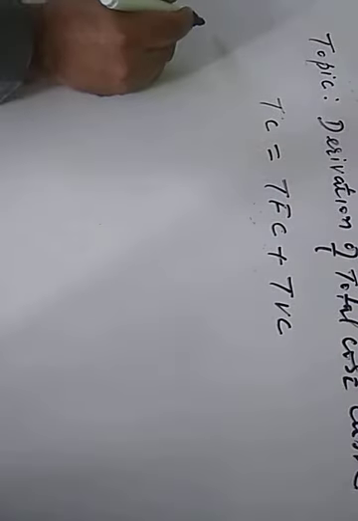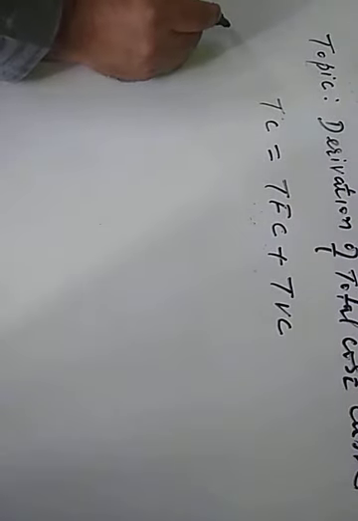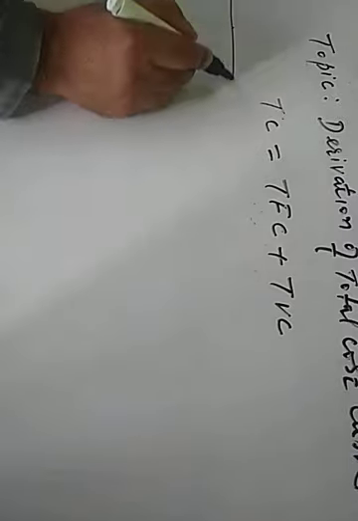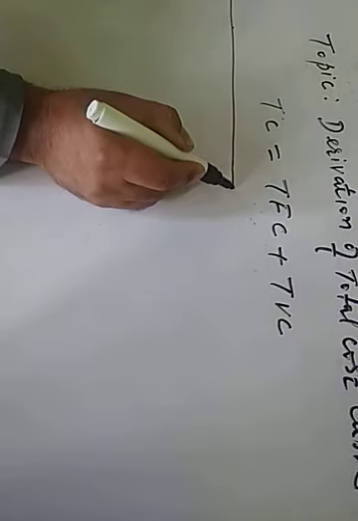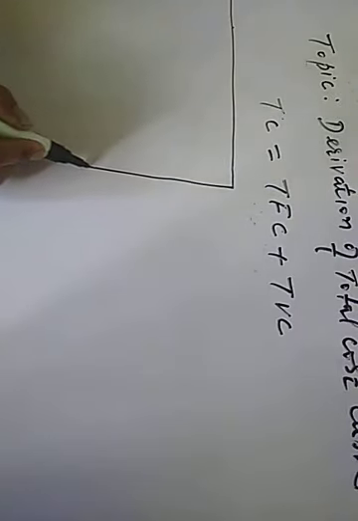Now first I will draw a table showing different units of output, different units of commodity produced, at different values of total fixed cost and total variable cost, which gives us the total cost of a commodity.